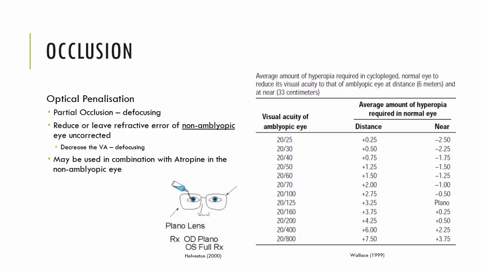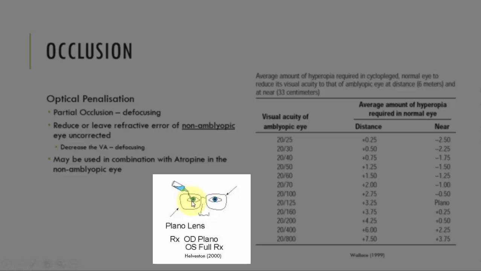Now, optical penalisation prescribed on its own is often not enough to be utilised as part of amblyopia treatment. It's generally prescribed in combination with pharmacological penalisation. So as we see here, what you would do is plano the right eye and atropinise the right eye, which would be the sound eye, and give full prescription to the amblyopic eye.